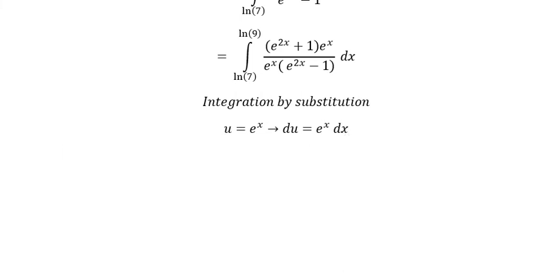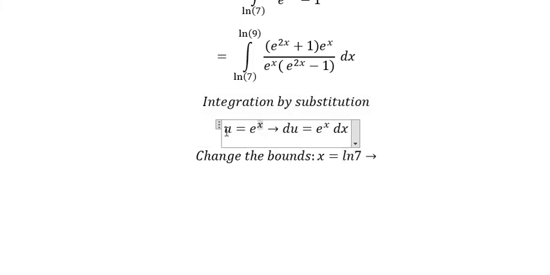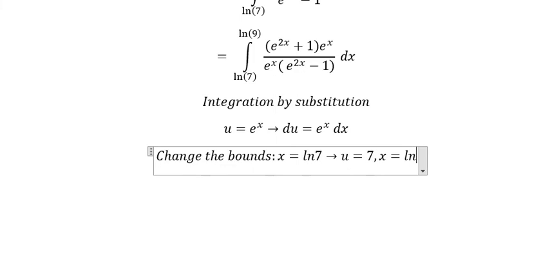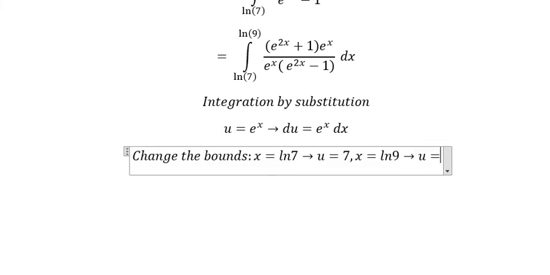Next, we need to change the bounds. When s equals ln 7, we put ln 7 in here to find the value of u. So u equals 7. When s equals ln 9, I will put ln 9 in here, and we have u equals 9.